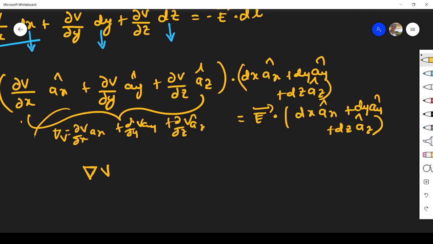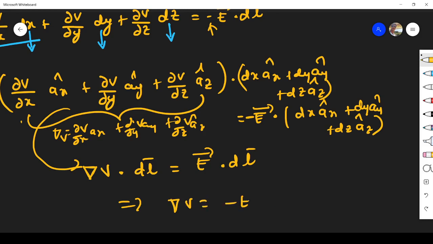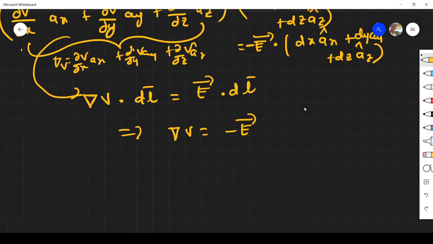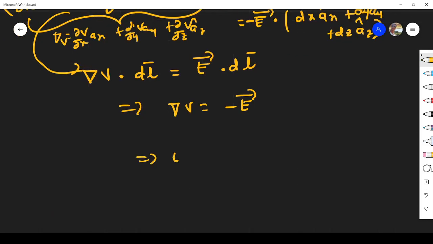So this formula is del V dot, dx ax plus dy ay plus dz az, which is nothing but dl. The right hand side is E dot dl again. Now del V dot dl is equal to minus E dot dl; please don't forget the minus in front. So del V is equal to minus E, which implies E is equal to minus del V.